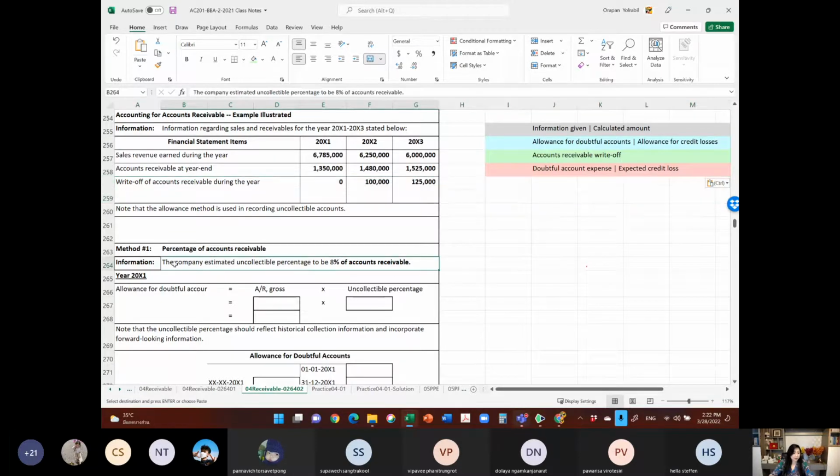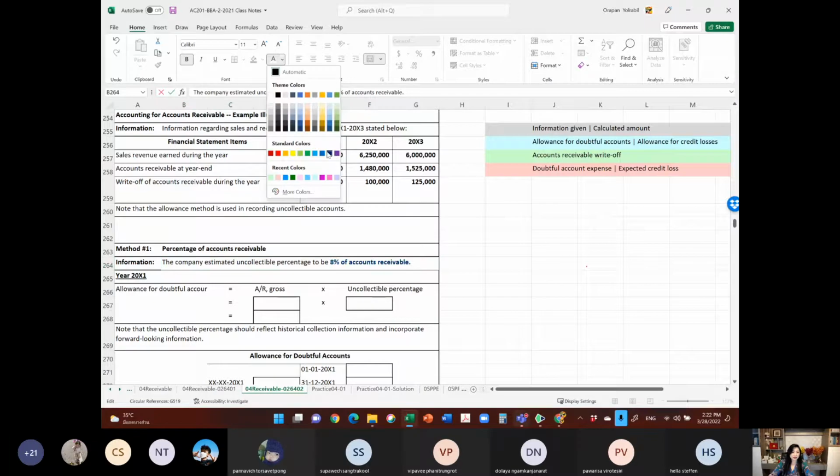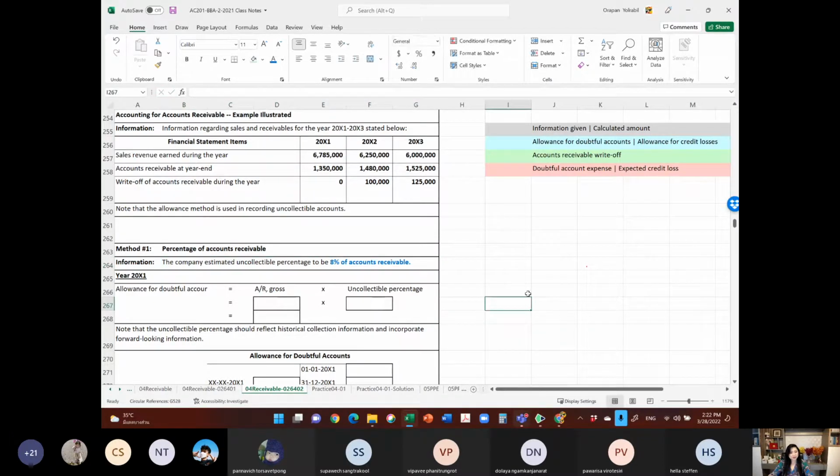Now, for method number 1, everyone look at this, please. The company is using 8% of the receivable as the uncollectible percentage. So you may wonder, John, how do we get the 8%? How do we know that 8% will be uncollectible?